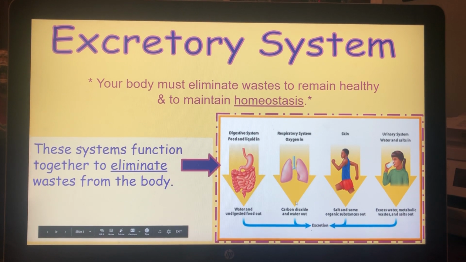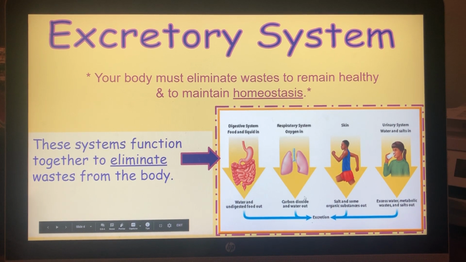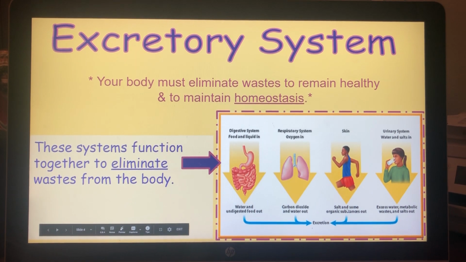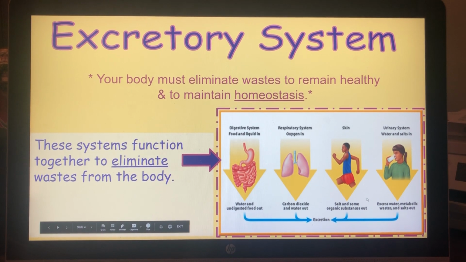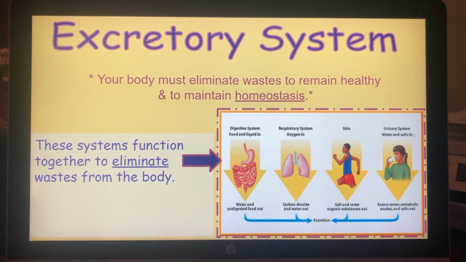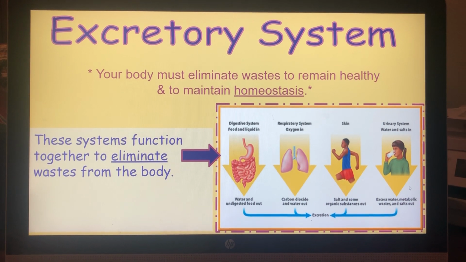The respiratory system has a waste that we exhale, that is carbon dioxide. The skin, while we sweat, releases salt and other organic substances. And then, of course, our urinary system gets rid of a liquid waste called urine.